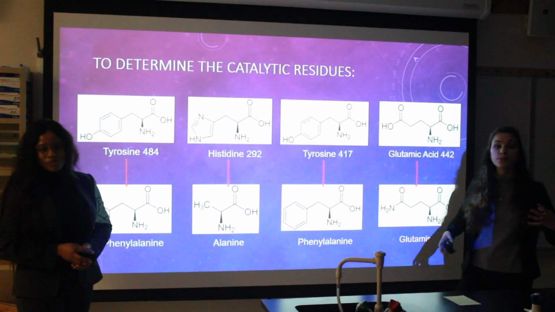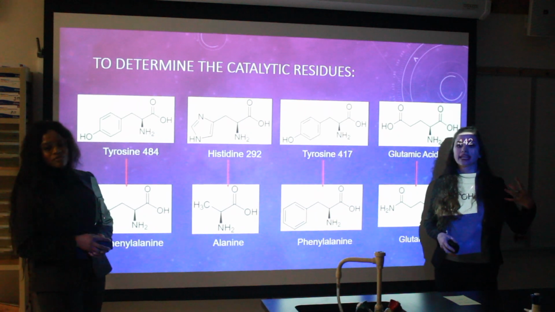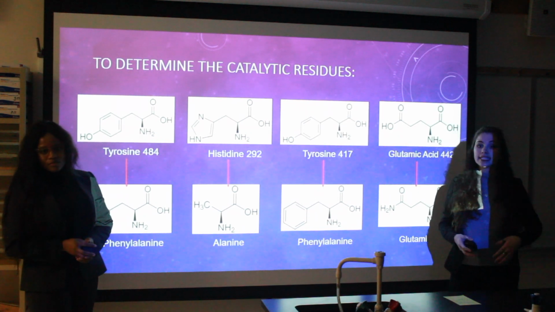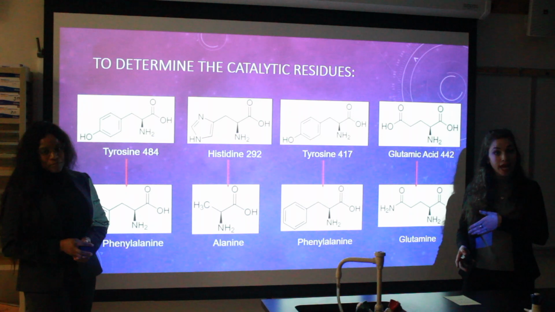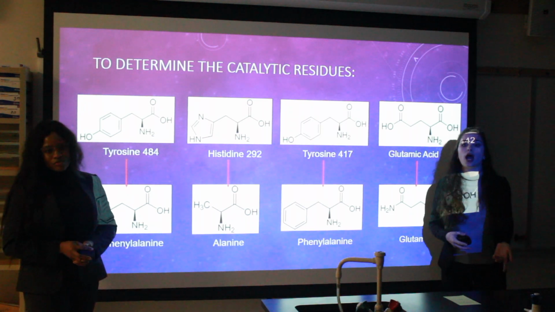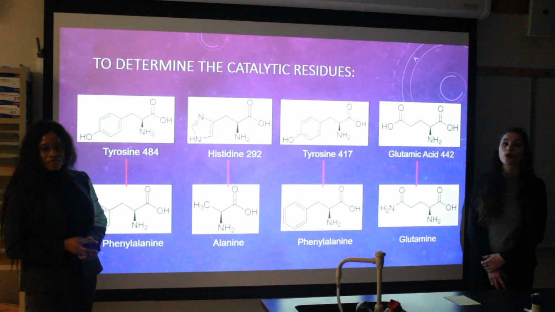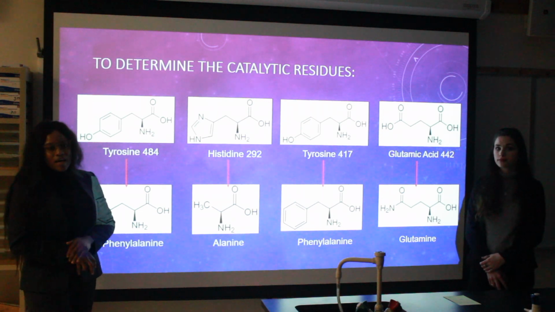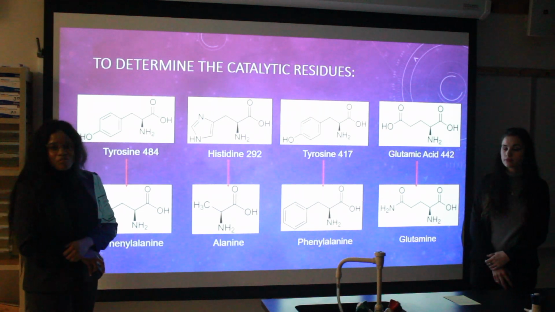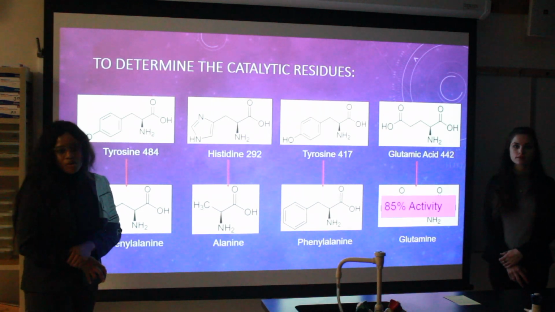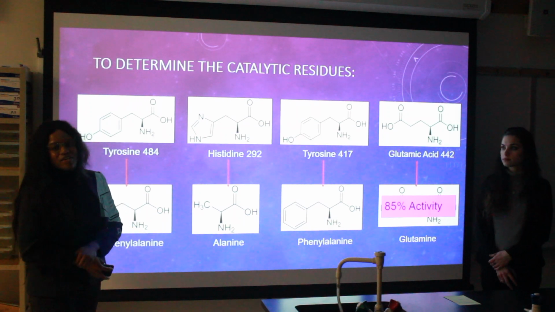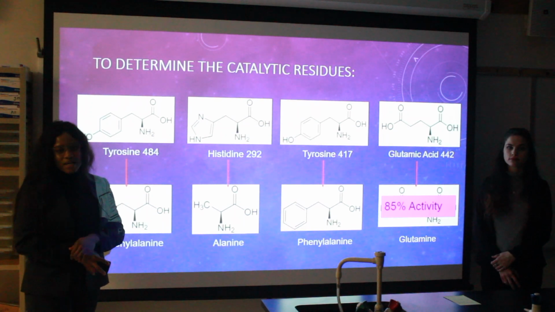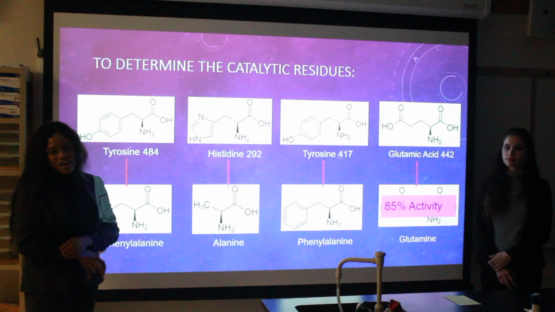So they constructed and purified each enzyme, and the enzymatic activities of each were assayed by monitoring the conversion of CBGA to THCA using reverse phase high performance liquid chromatography. It resulted that the glutamic acid point mutated enzyme resembled the wild-type activity, at least 85% of the standard activity.